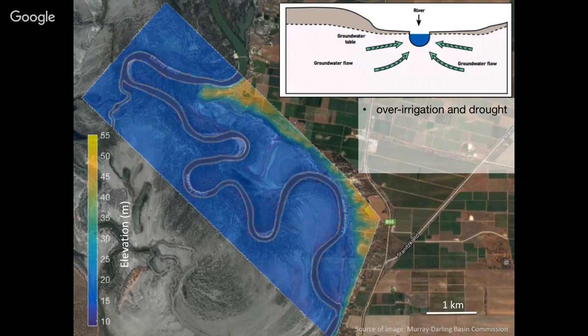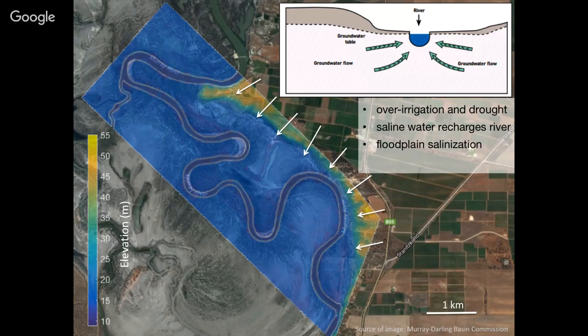There's a lot of over-irrigation that has happened here. There's a lot of saline water that gets into the floodplain as well as into the river. And the question is, okay, can you determine where this stuff is and how it's being transported, to mitigate things? Floodplain salinization is a major issue, and the ecological damage that is happening.